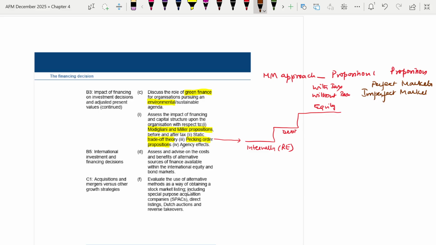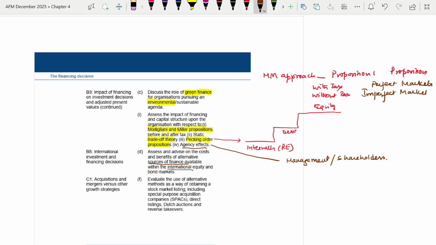And you have the agency effects. What is the requirement of the management, what are the preferences of the management, and what are the preferences of the shareholders? You have to assess and advise on the cost benefits of alternative sources of finance at the international level, equity and bond.